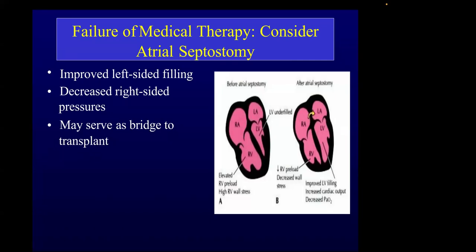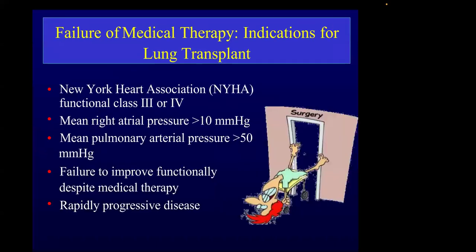Before atrial septostomy, there is elevated RV preload, high RV wall stress and LV underfilling. After the procedure, RV preload and wall stress decrease, LV filling improves and cardiac output increases, with decreased PaO2.